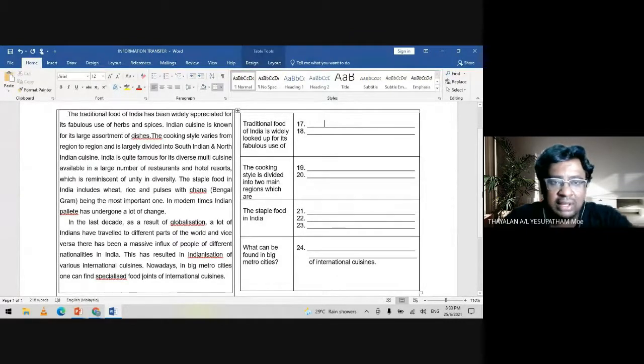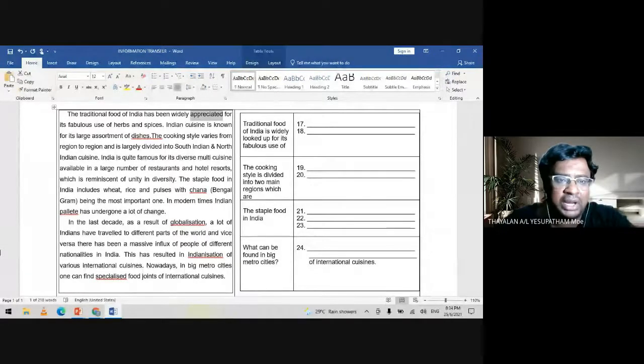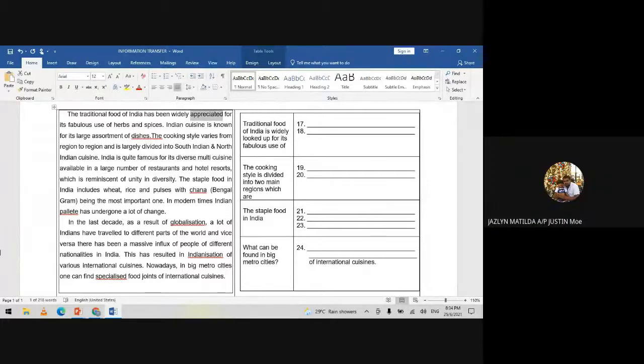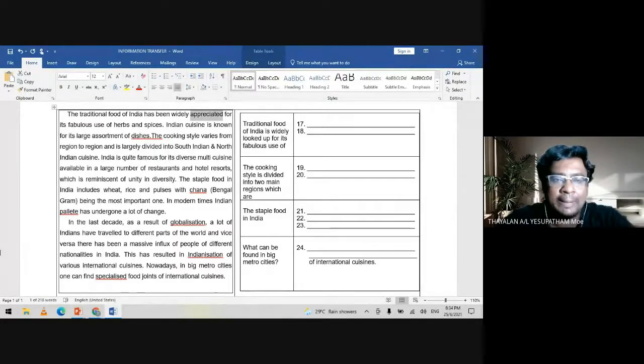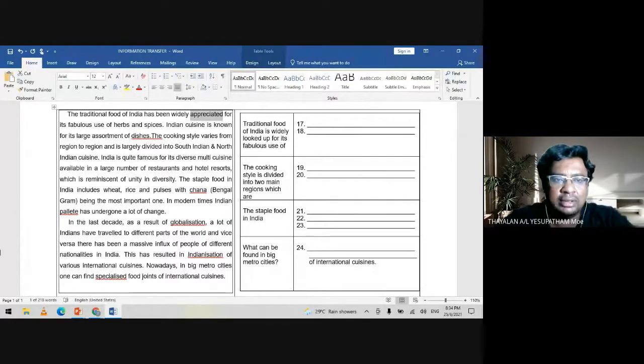Now you see certain words that I pronounce. Now, I'm going to highlight a few words and I want you to pronounce them. How do you pronounce this? Appreciate. There is a D at the back, isn't it? So how would you pronounce it? Appreciated. Appreciate.